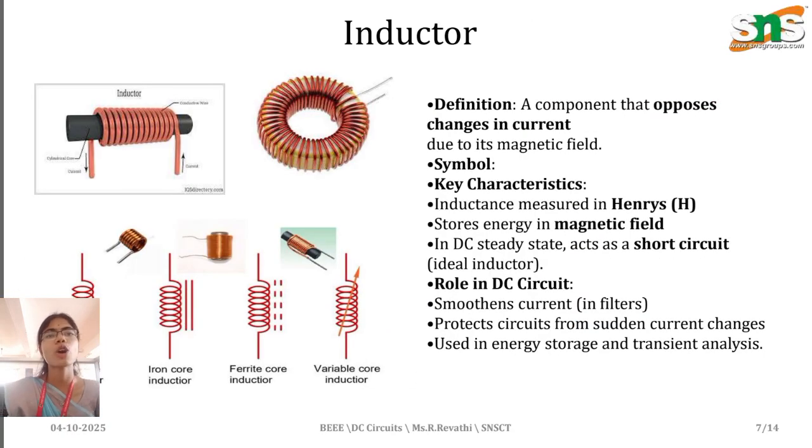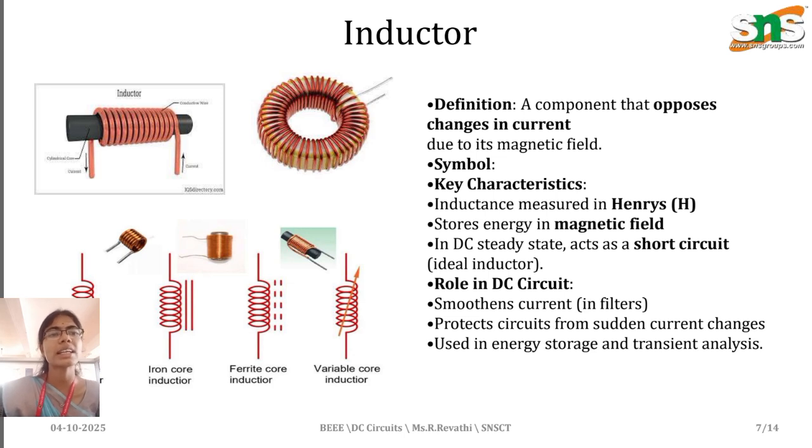The inductor is a component that opposes changes in current due to its magnetic field. An inductor is basically a winding, a conductor wound on a core material or other slot materials. It is measured in Henry, H. It acts as a storage device in the form of a magnetic field.